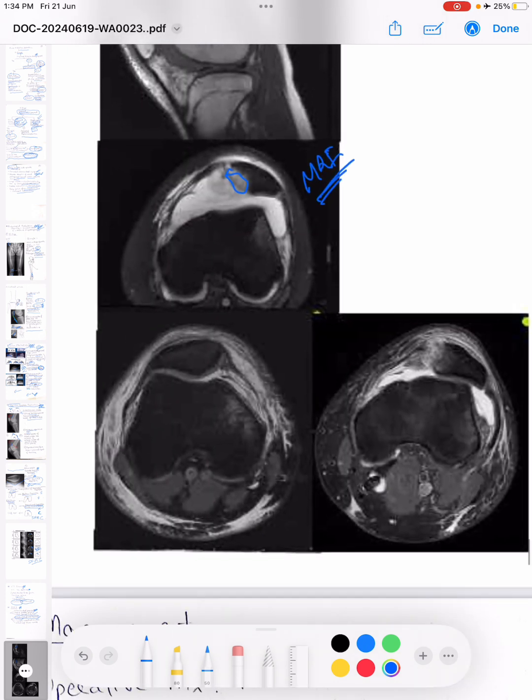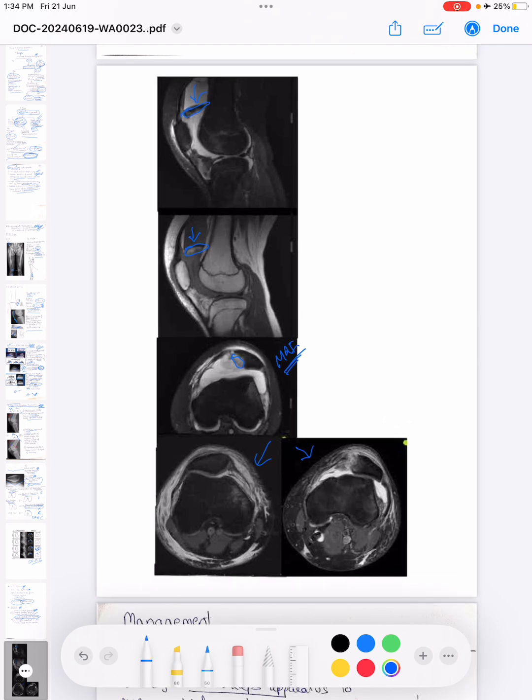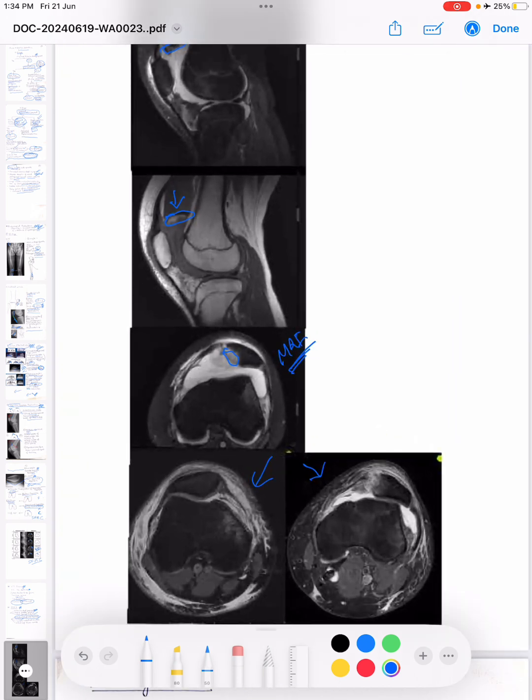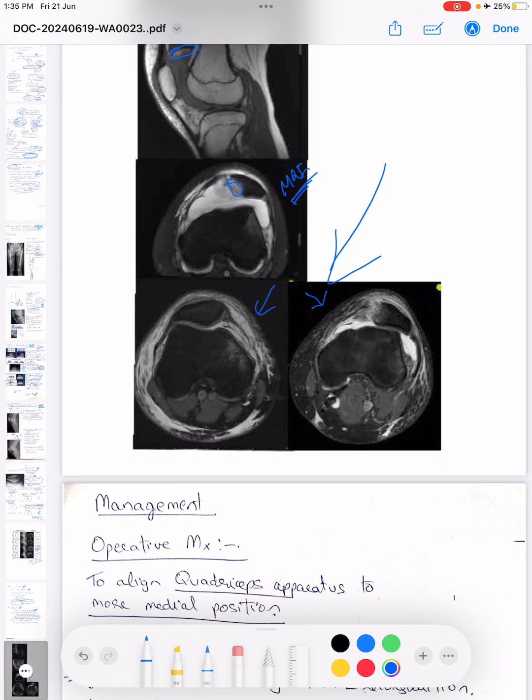So this is the MPFL tear from the femoral end. This is a combined MPFL tear from femoral and patellar, both the ends, right? So these are the photos showing why getting an MRI done is important in evaluating a case of post-traumatic patellar dislocation, to look for the osteochondral fragment and to look for the MPFL tear, right?